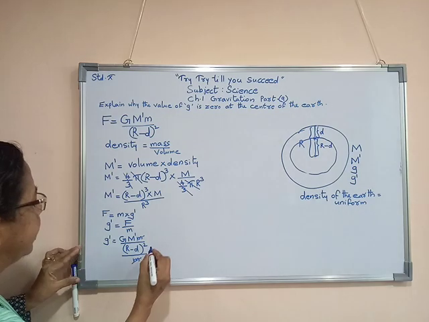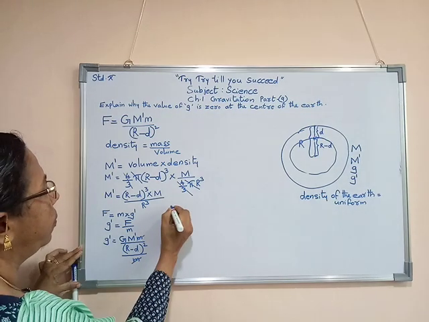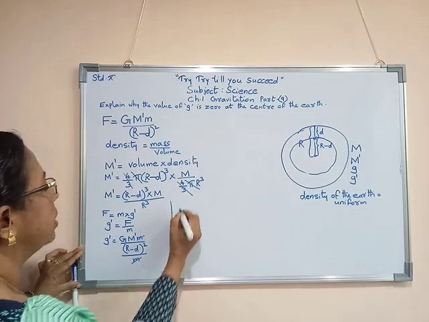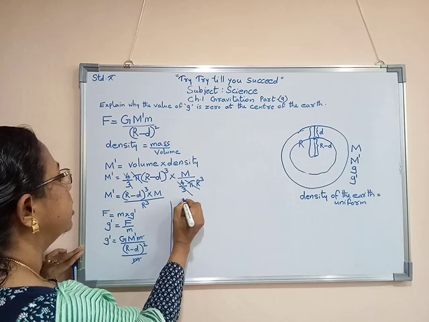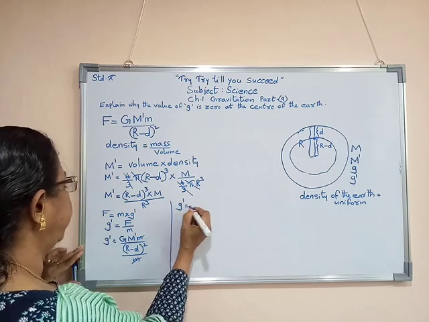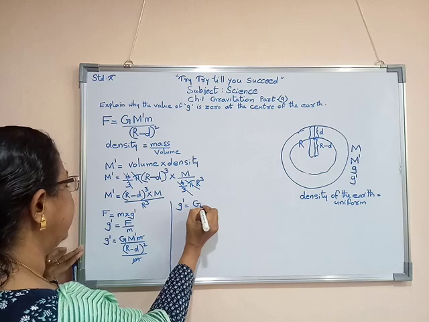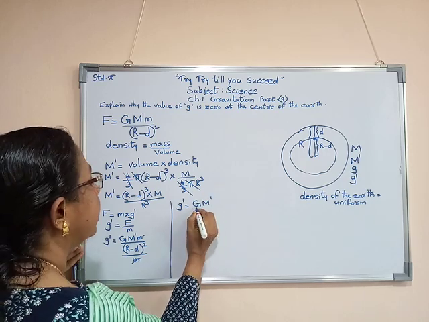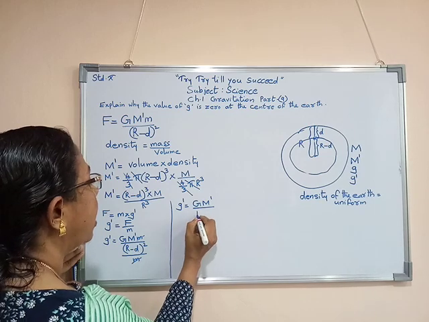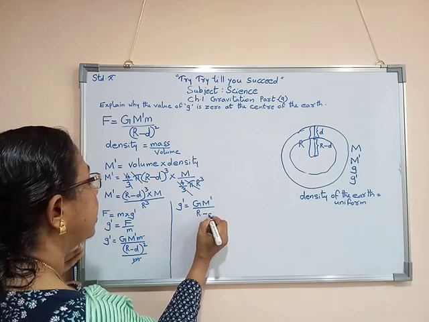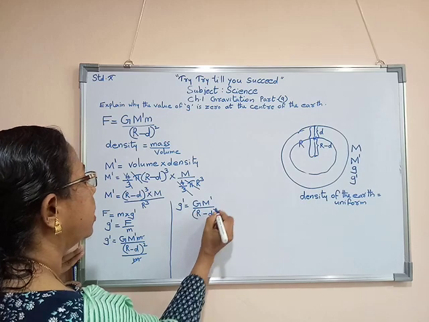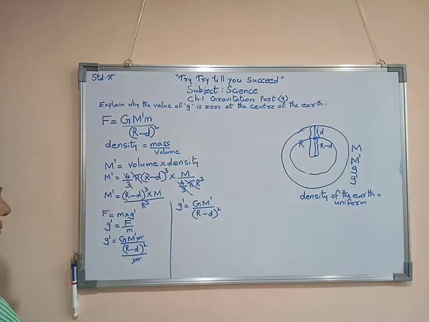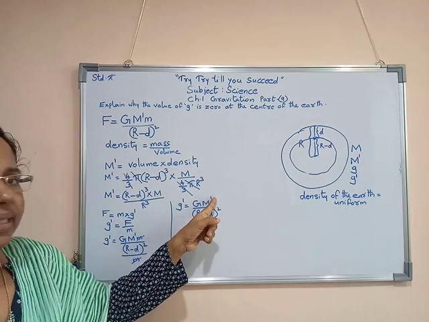So what will be our answer here, children? Now I am writing here, G small dash is equal to capital G capital M small dash upon (R minus D) whole square. So this one I mentioned, that is a dash.